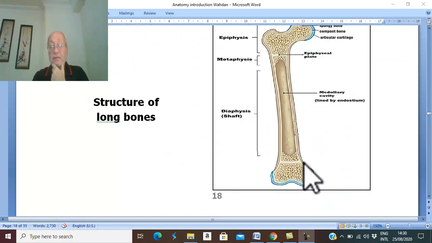This is the growing end. The excessive new bone formation away from the knee will push the nutrient artery and the nutrient foramen away from the knee.